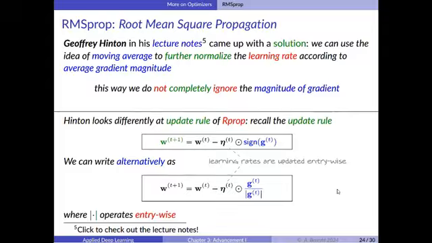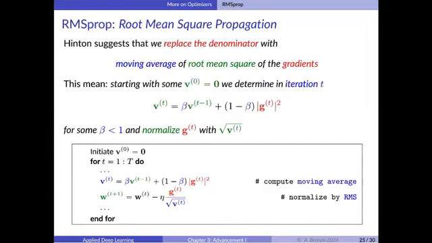That's when we want to update the W. We can write it in this way. Here we somehow do not completely ignore the magnitude of the gradient.